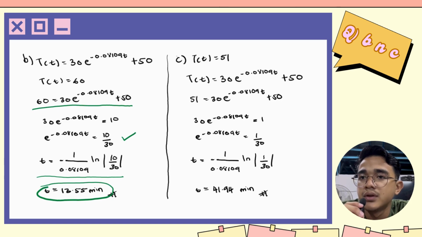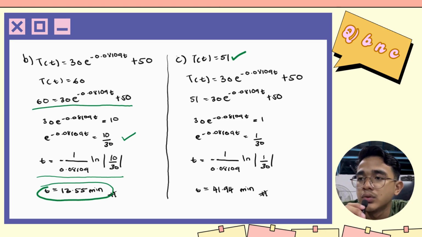Then question C. Since the temperature of the body should be within 1 Celsius of the constant 50 Celsius temperature of the room, the temperature of the body should be 51 Celsius. Then we calculate 51 equals 30 e to the power of negative 0.08109t plus 50.